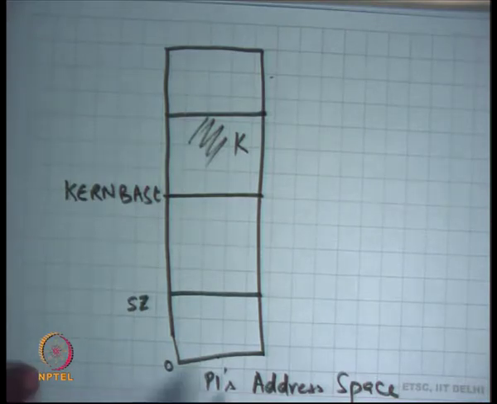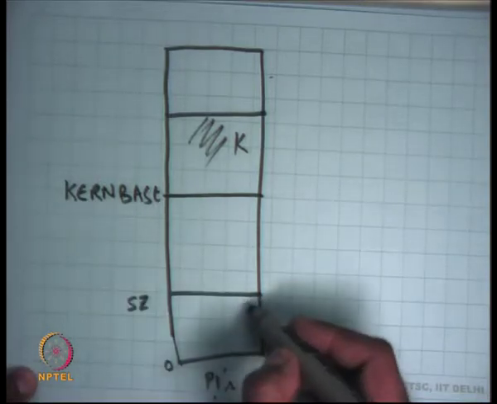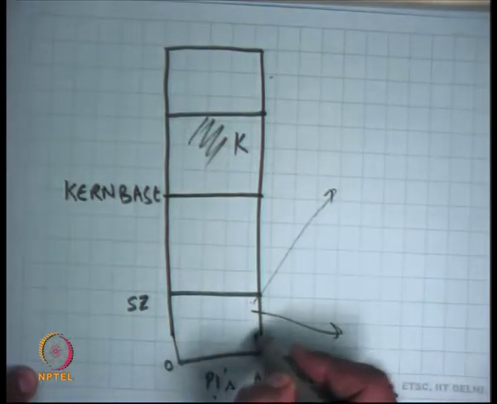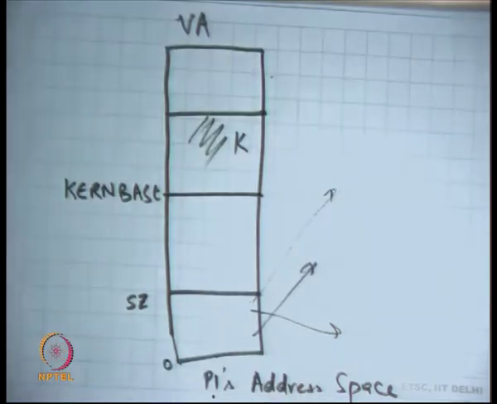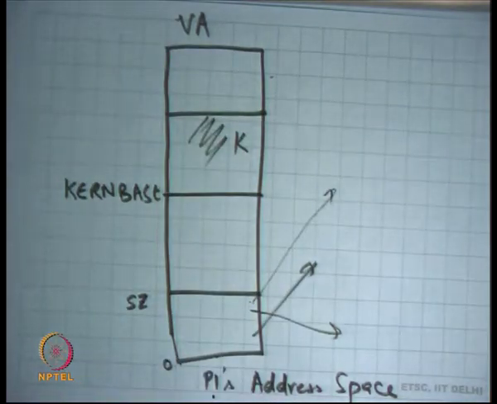It says that the process's address space should be limited between 0 and size. Of course, in the physical memory it can be all scattered, it does not matter, but in the virtual address space, it should be from 0 to size.